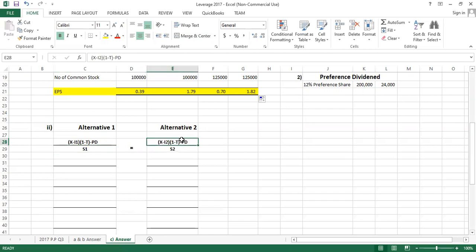Likewise, for alternative 2, (X minus I2), where I2 is the alternative 2 interest, and likewise (1 minus T), minus preferred dividend, divided by S2. S2 means the number of equity shares outstanding under alternative 2. Then apply this formula to calculate the indifference point.